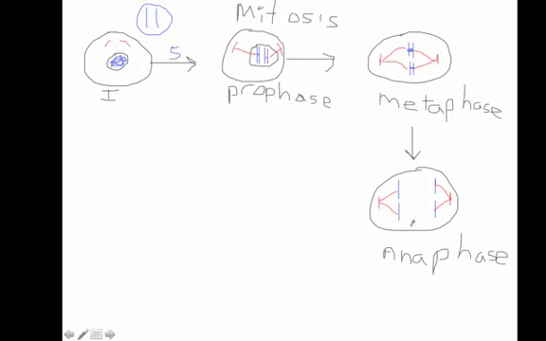As it's doing this, the cell will begin to elongate a little bit. And that's as it prepares for the final phase here, called telophase. And I'm going to do my best to draw this here. Not too bad. During telophase, what happens is the chromosomes now are fully pulled to this side of the cell.